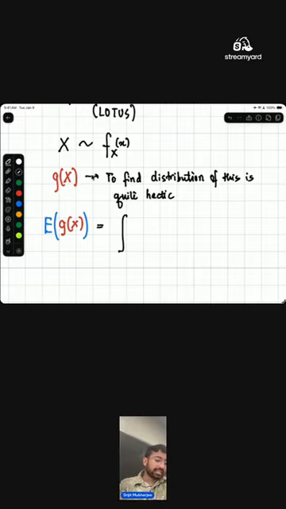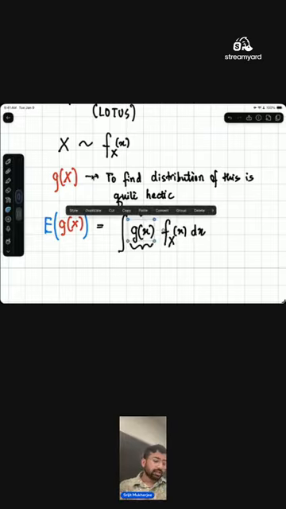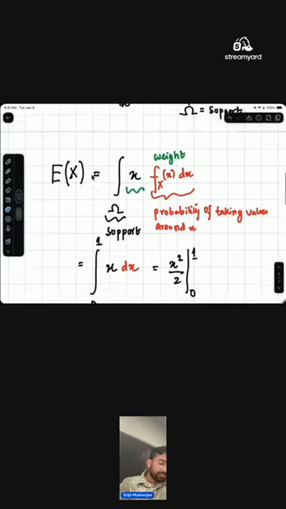Here it was x, so apply the function g(x) and then multiply with the density of x. It's as if you're replacing x by g(x). In normal expectation it was x f(x) dx, but here it's g(x) f(x) dx.